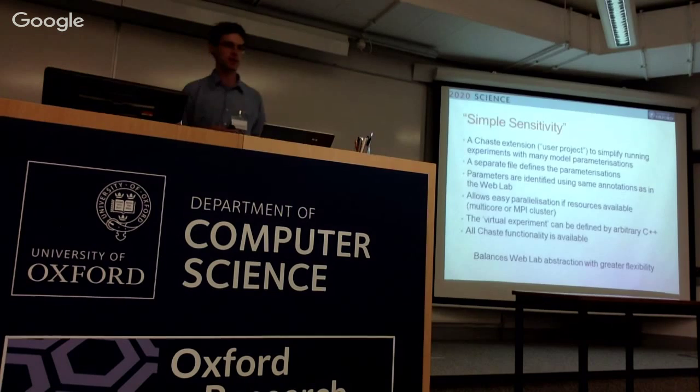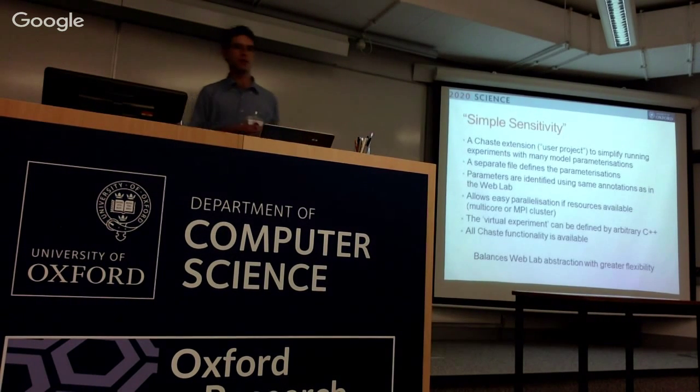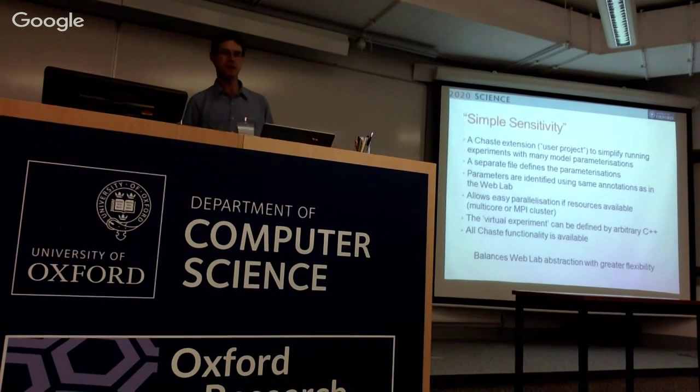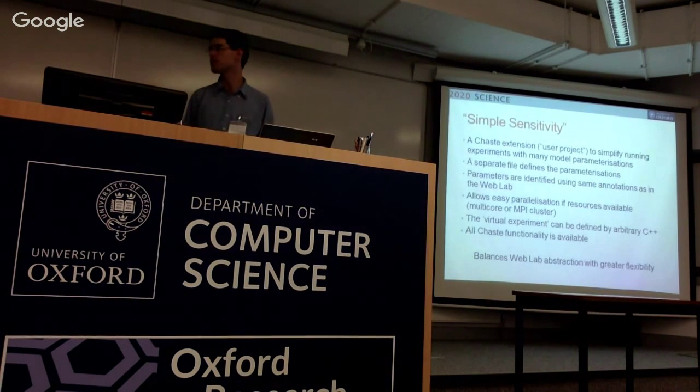So this is kind of balancing the abstraction that you get with the Web Lab with greater flexibility to do different kinds of things, but still leveraging much of the same underlying framework to easily evaluate different models, different experimental conditions.